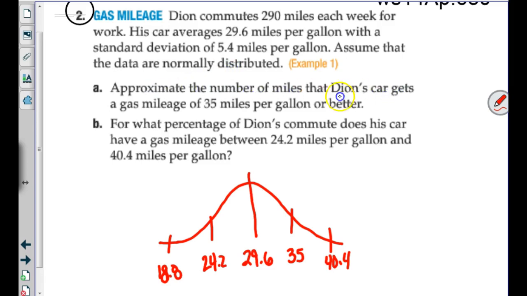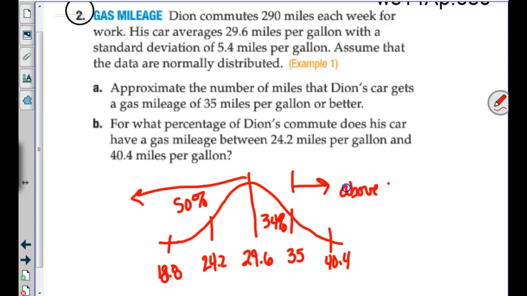Approximate the number of miles that he gets a gallon, 35 or better. So what percent would be above here, guys? It's the same question we just did. This is 50% down here, right? And one standard deviation is 34%. So all of down here is 84%, sorry. So above 84% would equal 16%. But it says approximate the number of miles.